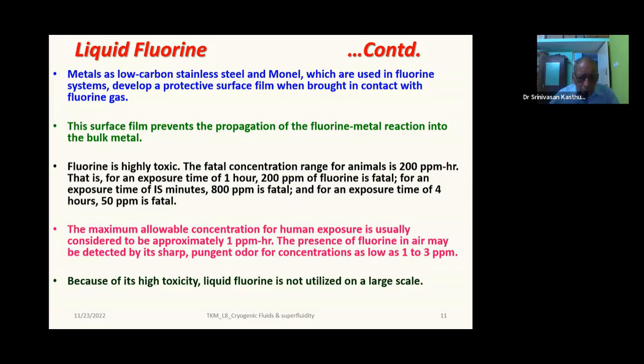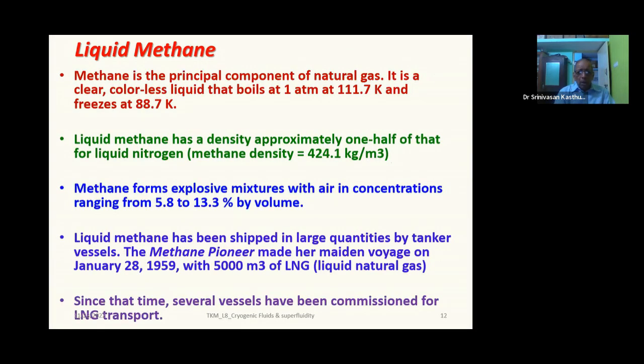Because of its high toxicity, liquid fluorine is not utilized on a large scale. People do not use fluorine on a large scale except as and when required for any specific chemical reaction and so on. Okay, let us discuss methane.